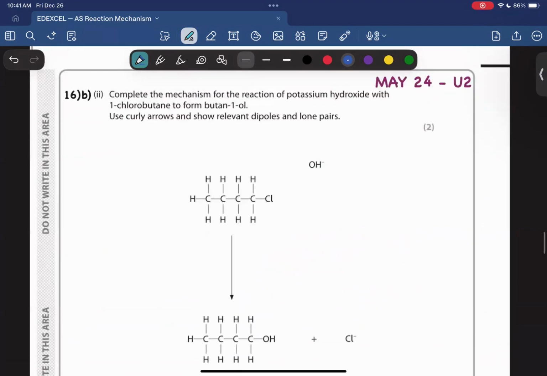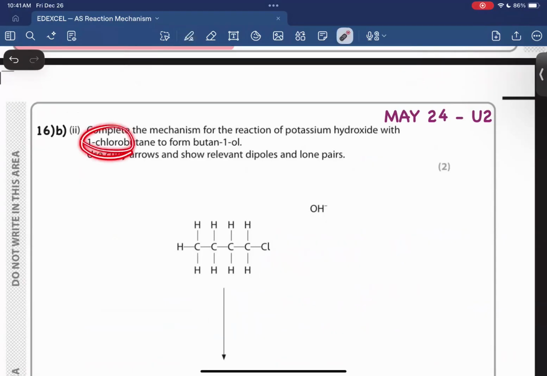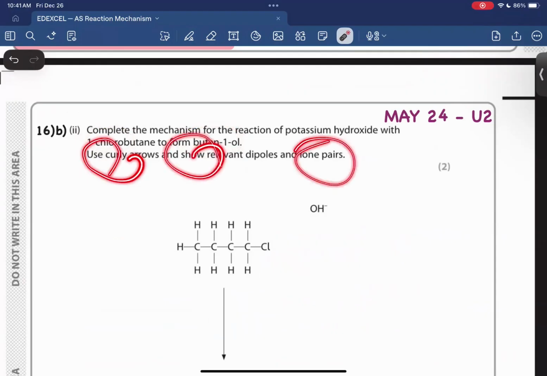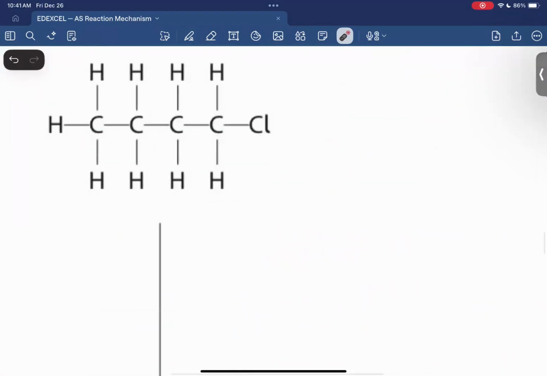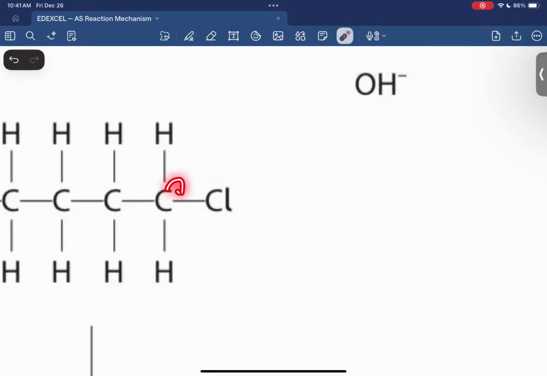Now, complete the mechanism for the reaction of potassium hydroxide with 1-chlorobutane to form butan-1-ol. Use curly arrows to show the relevant dipoles and lone pairs. Okay. So, as I said, halogens are more electronegative. The carbon is donating one electron and chlorine another. But the electron would be strongly attracted towards this chlorine because halogens are more electronegative than carbon, hydrogen, and so on.